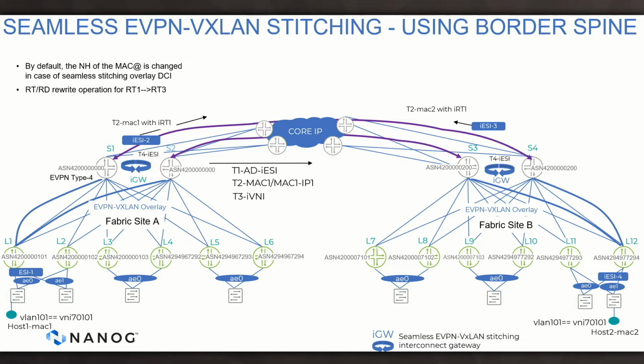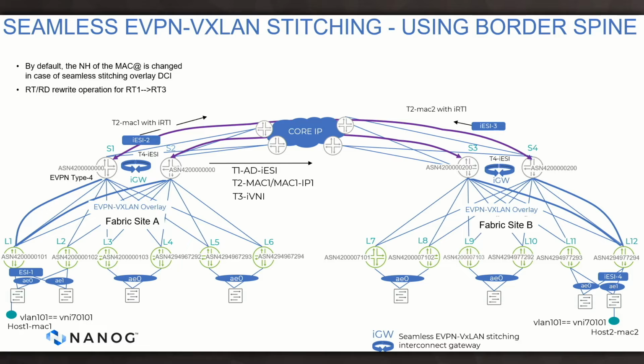And then we have the eBGP establishment between the spine devices and leaf devices. The same goes for the DCI. We have the eBGP peering with the core IP devices, in order to first have underlay reachability and then the overlay EVPN signalization done.